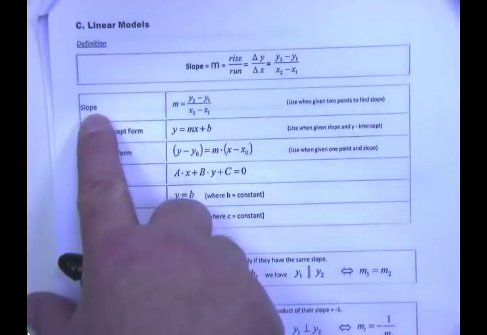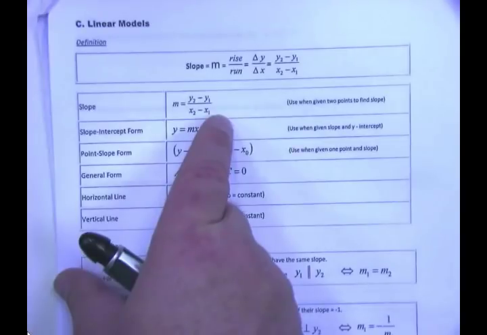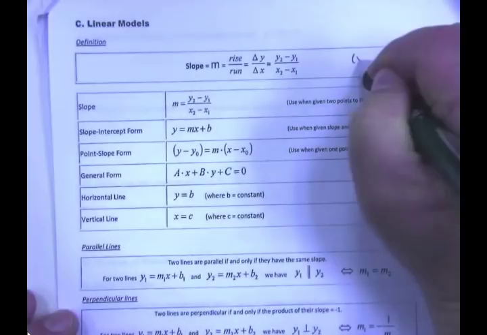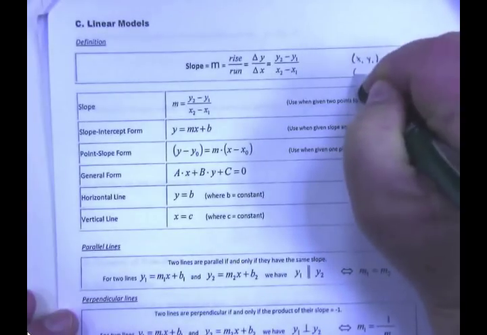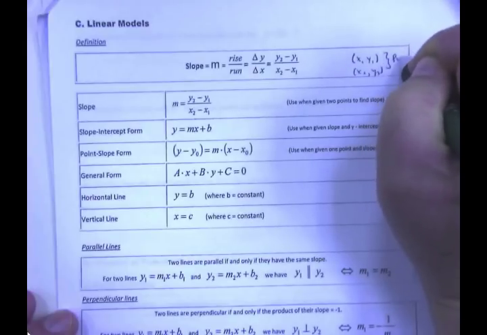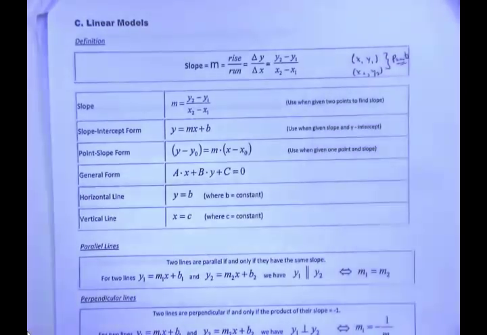So, first thing we have is a slope formula. Formula for slope is y2 minus y1 over x2 minus x1, where x1, y1, and x2, y2 are some kind of given points, because it requires you to have 2 points to have an equation of a line. All right?